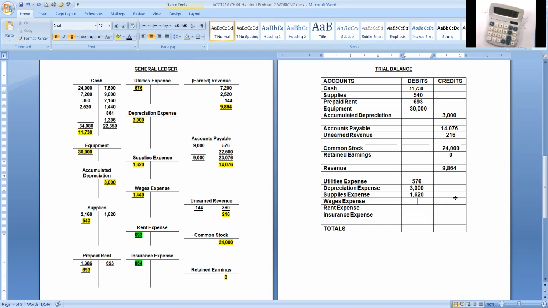Wages expense. And last but not least, 864.